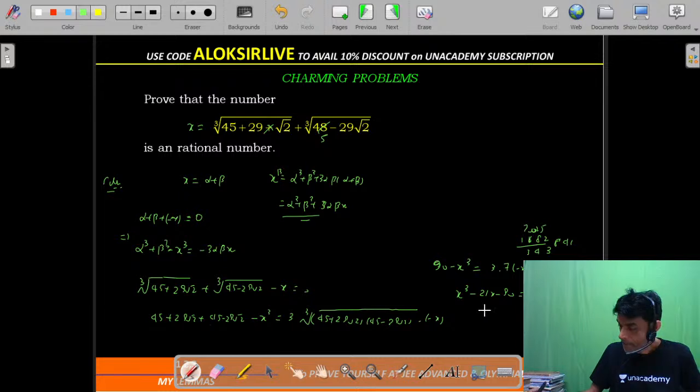Somebody can write in the chat box which root they are getting. x cubed minus 21x minus 90 is 0. Using the rational root theorem, I need to get one root. If someone can tell in the comment box, of course it would be great.